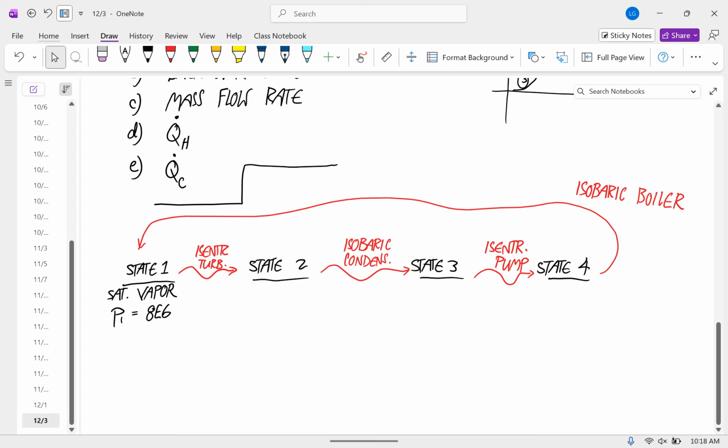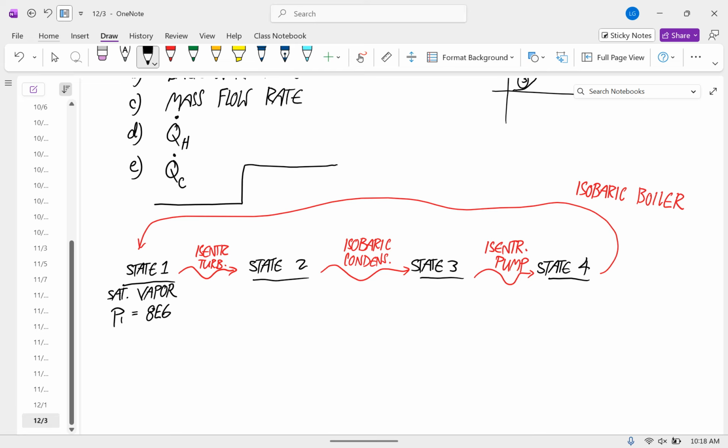So based on that, do we know anything else at any of these other states? Since we have 2 isobaric processes and 2 isentropic processes, you usually can fill out more than one thing with each bit of information. It's an isobaric process from state 4 to state 1.